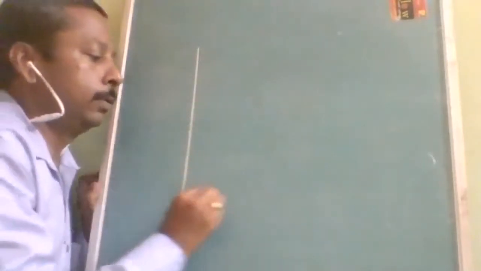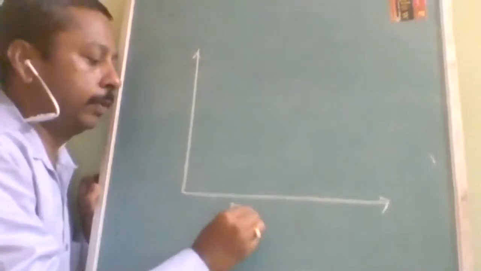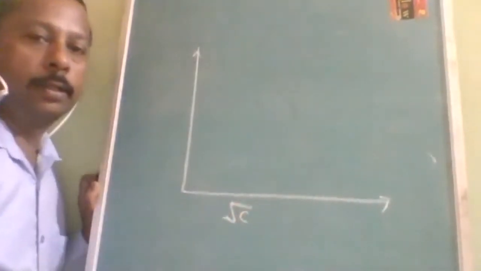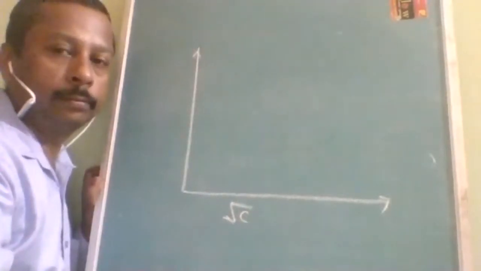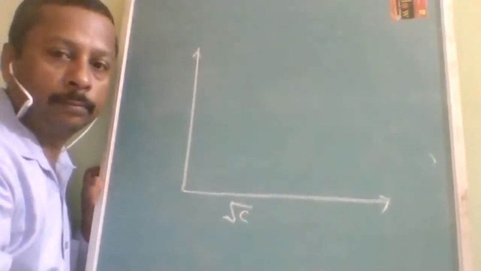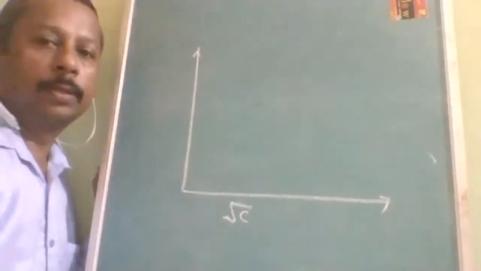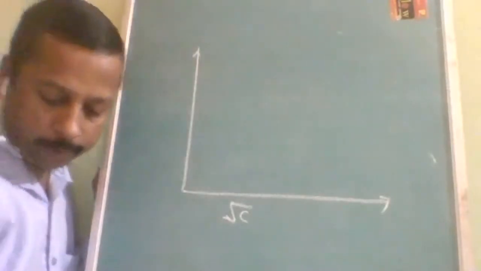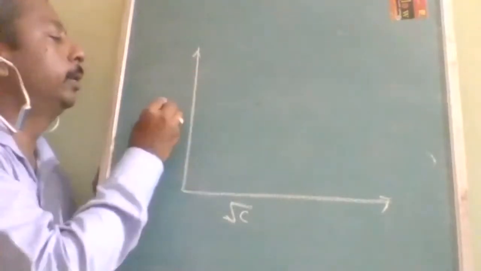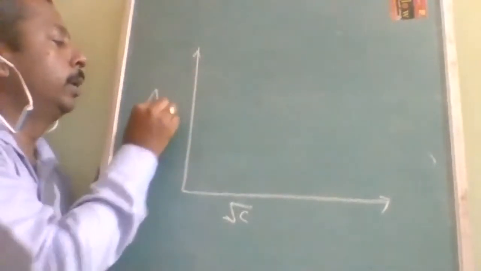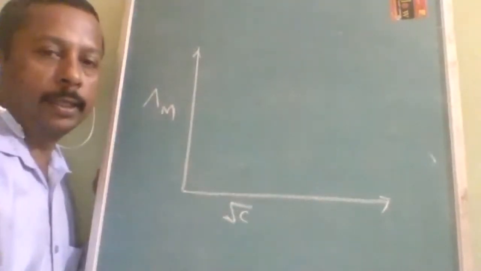Let us take the square root of concentration on the x-axis. Now we are going to study the graphical representation. Here, molar conductivity is on the y-axis and the square root of concentration is on the x-axis.